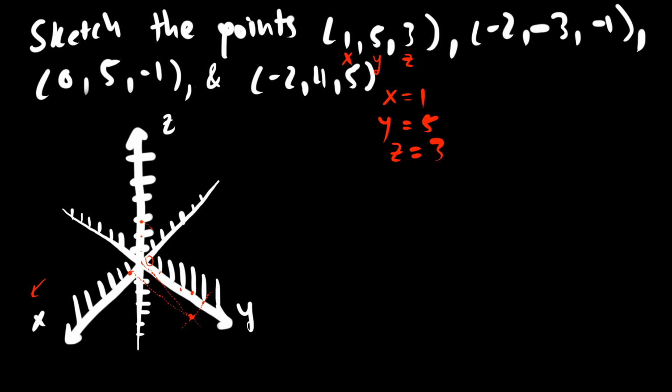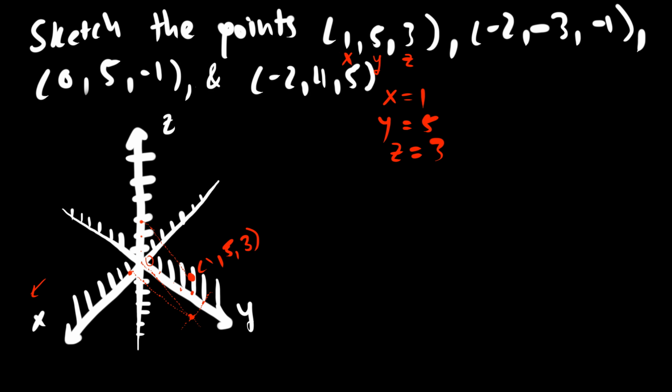So we would continue on until we reached something that would align with the point of intersection that you drew from your x and y component, which would be about right here. So this seems like an appropriate place to place this point. So 1, 5, and 3.